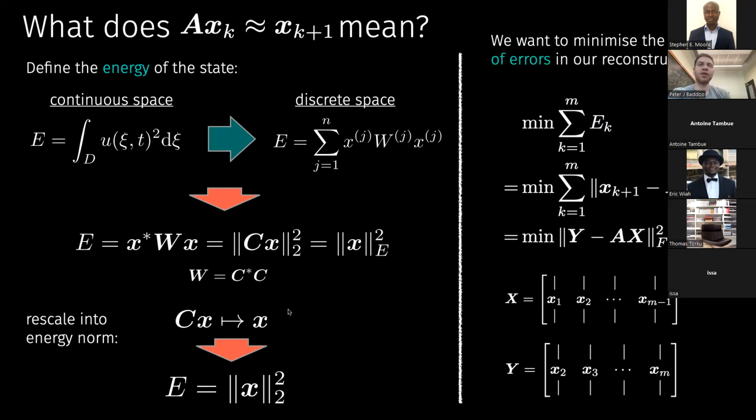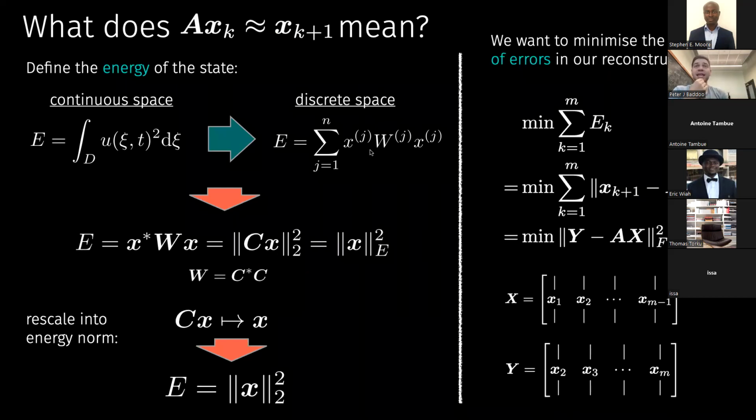But if we just focus on this for now, we assume that the energy of this state can be represented as the L2 integral of the system U. And when we only have access to measurements of U at discrete points in space, we need to represent this continuous integral as a discrete quadrature.